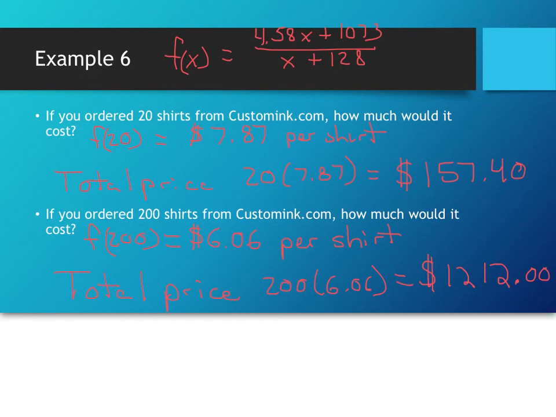You see that the more you order, the less things cost. All right, and this is very, very typical of any type of business situation. If you start purchasing more and more, oftentimes the manufacturers give you a discount based on the number of things you order.